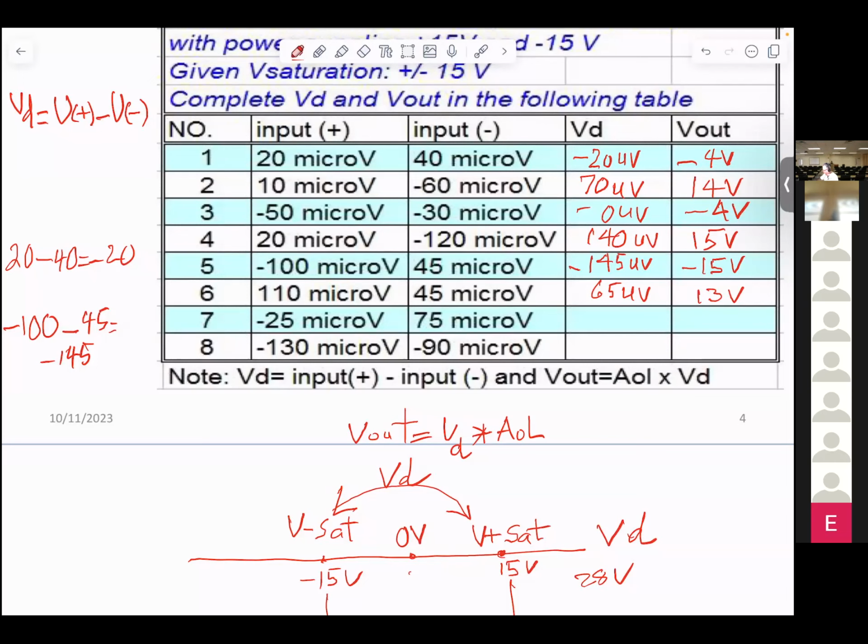Number 7. Okay, let's see. It's a negative 100. Negative 100. Perfect. Yeah, because number 5 and number 7 are pretty much the same.